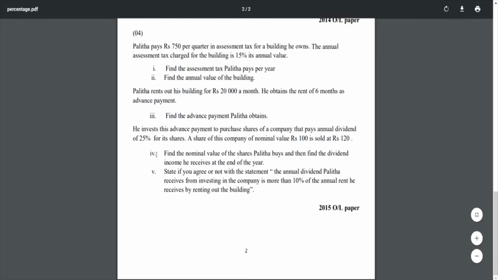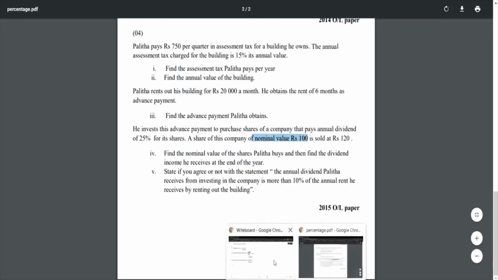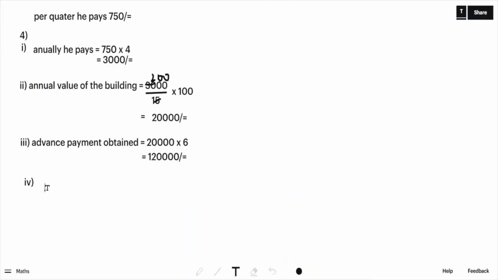Now in the fourth question they are asking, find the nominal value of the shares Carlita buys and then the dividend income he receives at the end of the year. To find out the nominal value of the shares, first we should find out how many shares he has bought and then multiply it by the nominal value of each share. Let's do it.